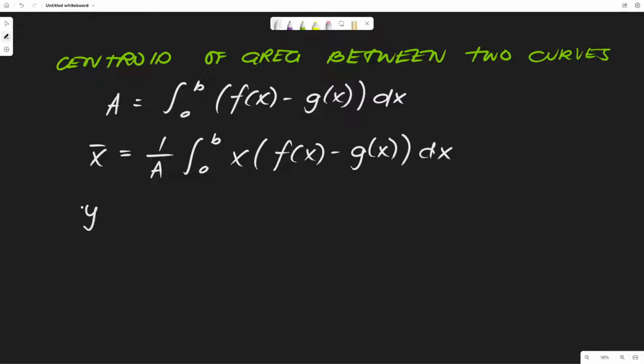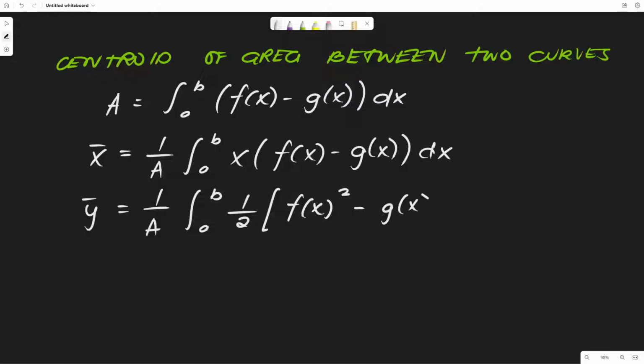Then for y, it is the same: from a to b of 1 half times f of x squared minus g of x squared. So square them first, dx. Okay, so that is the formula we will use for two regions.